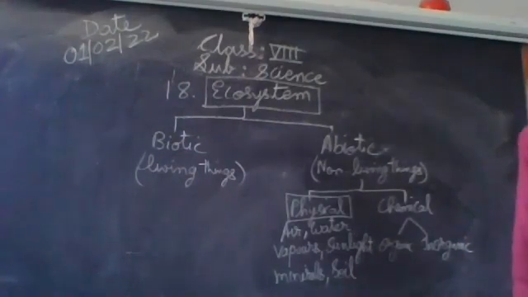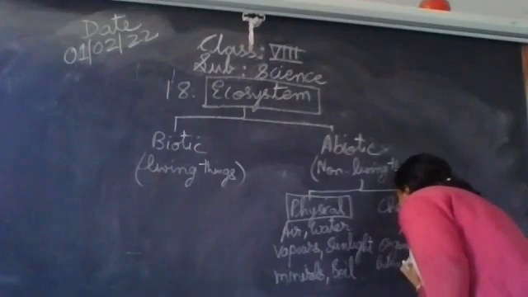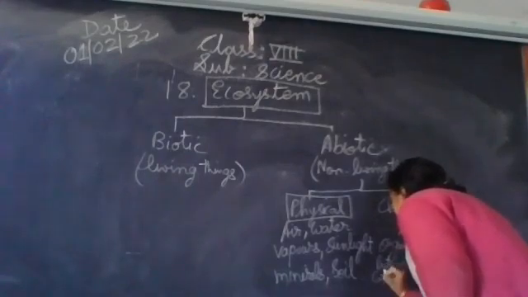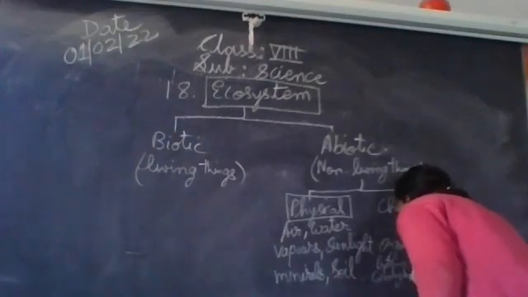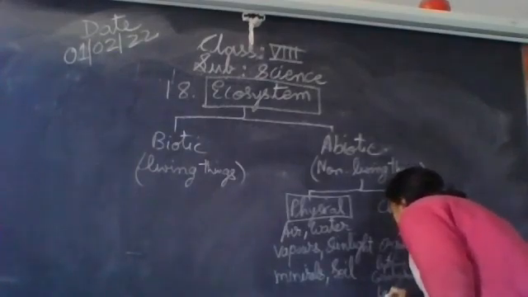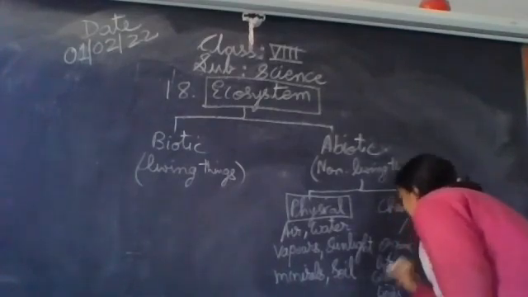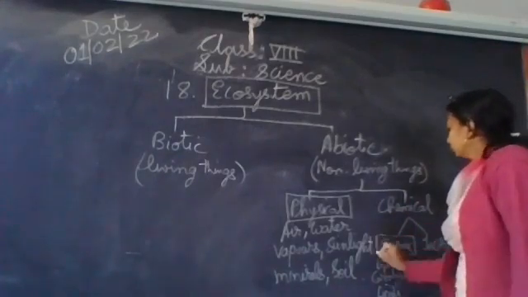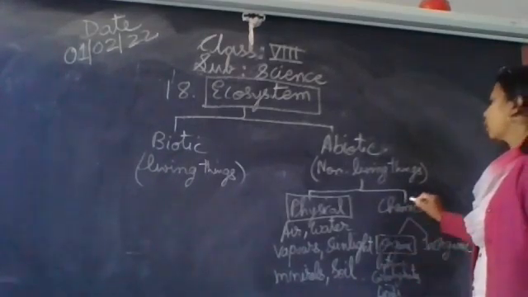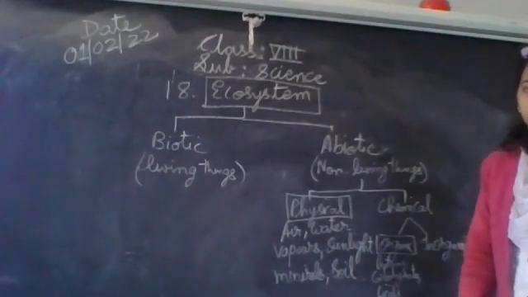They are the organic factors. Organic factors include proteins, carbohydrates, lipids, fats. All these things come under the organic factors, which are a part of chemical abiotic factors.